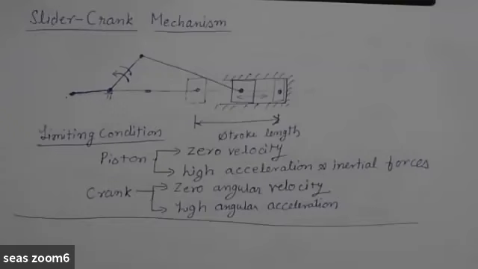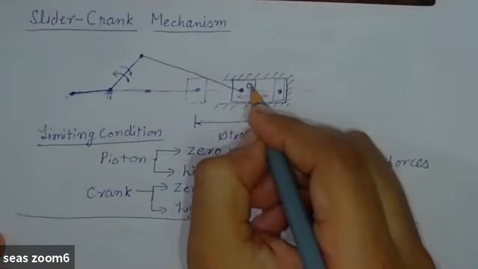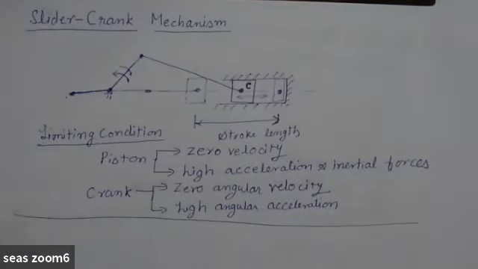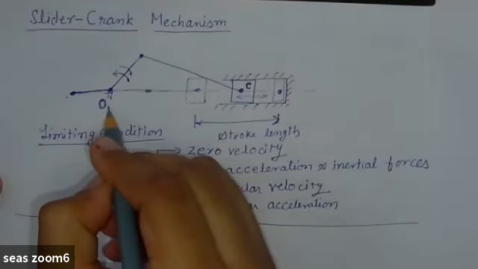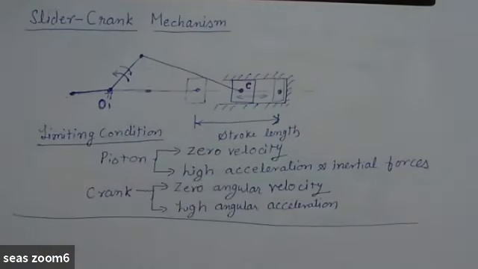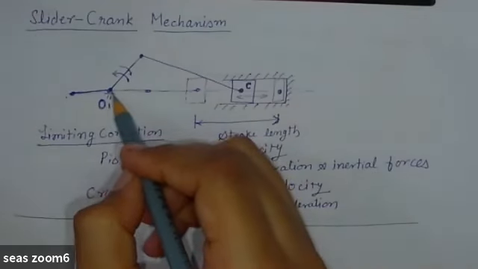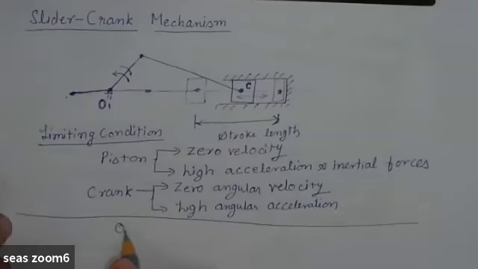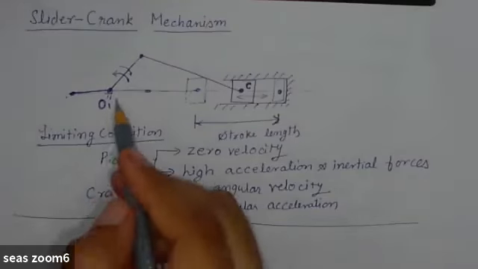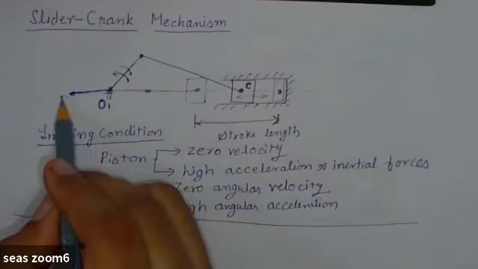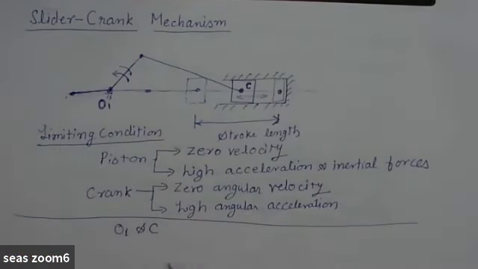You must also notice that if I write this as the wrist point C, and let's say this is O1, the point where the crank is connected to the fixed link, then when O1 and C, the wrist point, go through the center of the crankshaft, so that everything comes in one line, then this linkage is called an inline slider crank mechanism.